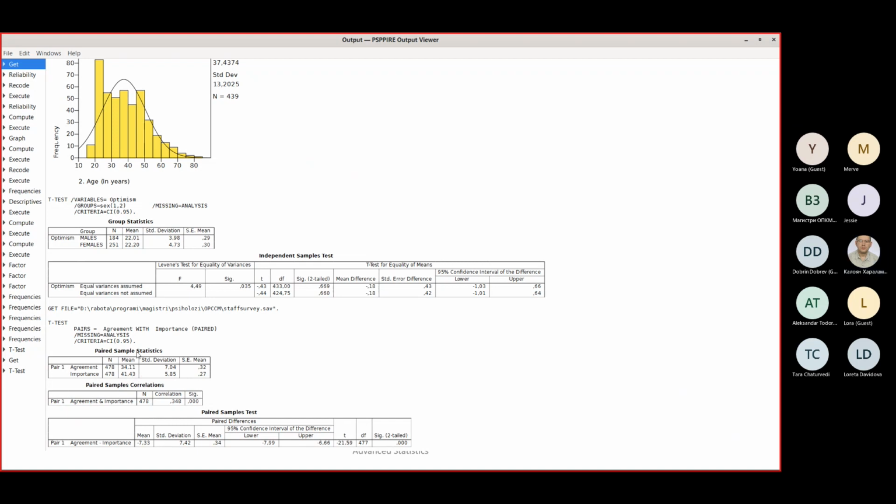Again, there is a difference. The difference is 7.3. And again, the question is whether this difference is larger or smaller than sampling error.